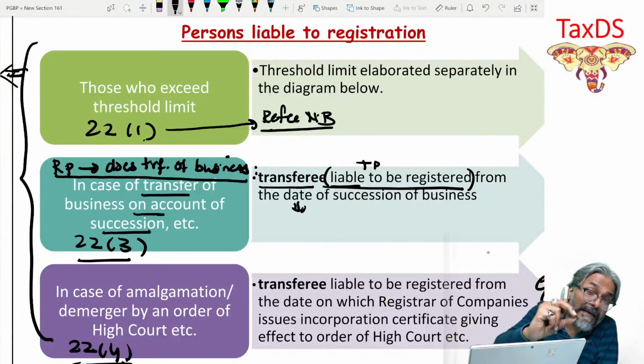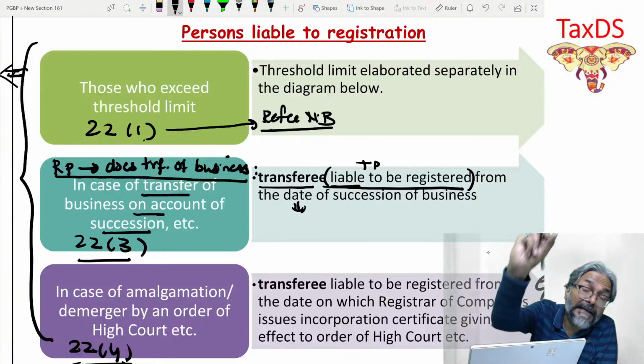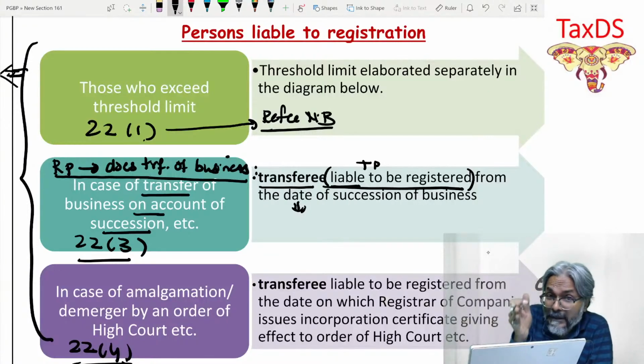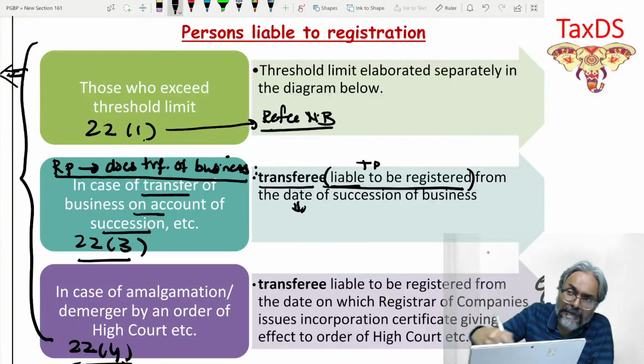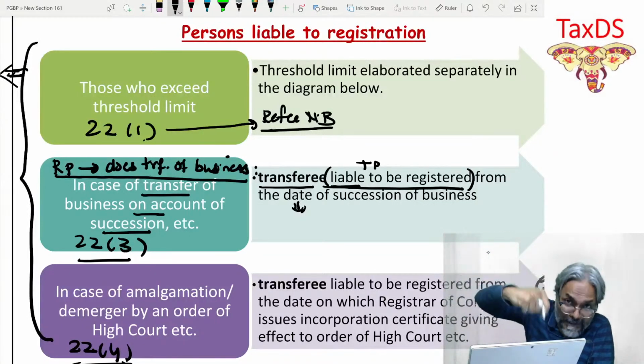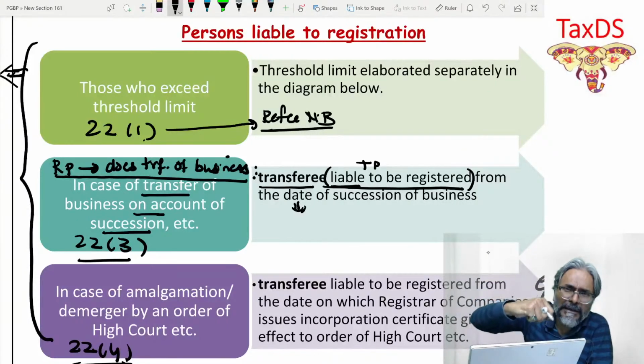Or if you remember, students, I gave you just now in your chart 30 days time limit. Now the 30 days time limit would be considered from this date. On whom? On the transferee. So if the transferee makes an application within 30 days from this date, which date? The date of succession.